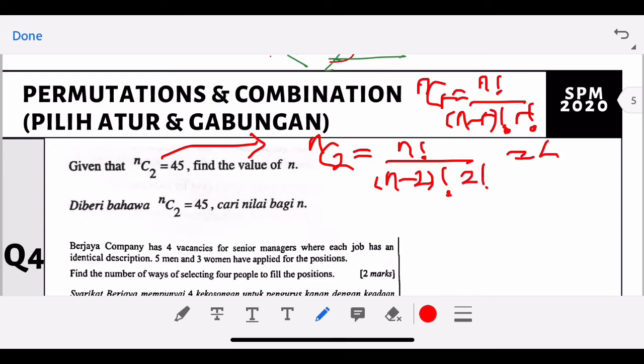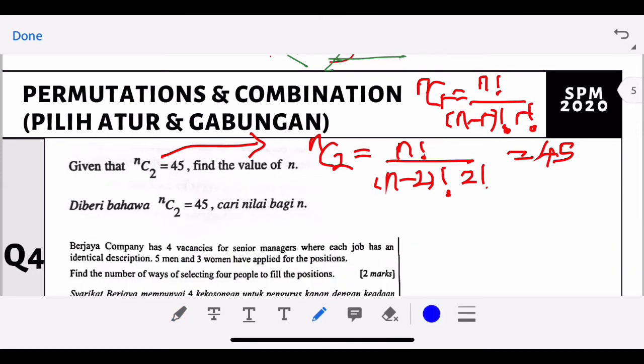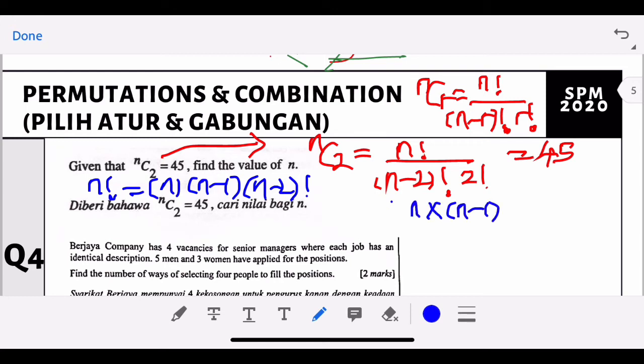You must know this important formula: nCr, n factorial over (n minus r) factorial over r factorial. So you can't say you never learned it before. n factorial, as I mentioned, you can write as n times (n minus 1) times (n minus 2) factorial. Don't forget the factorial is important.